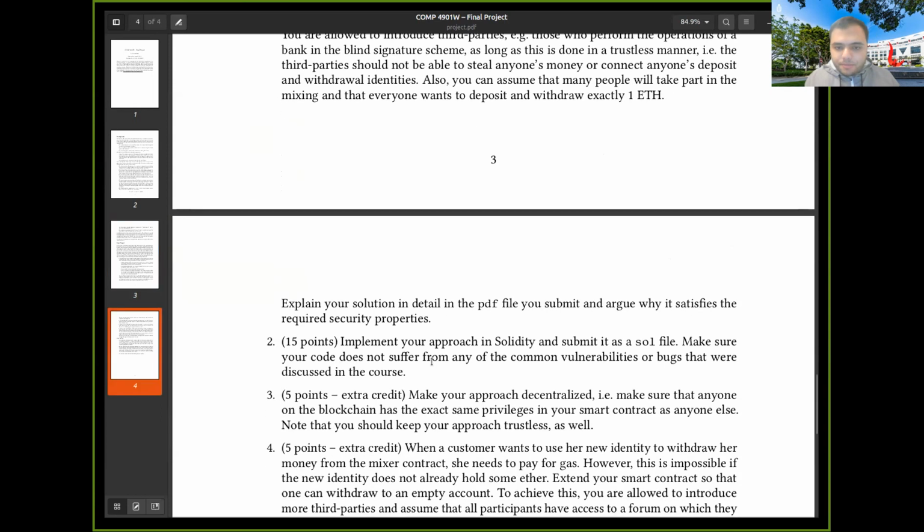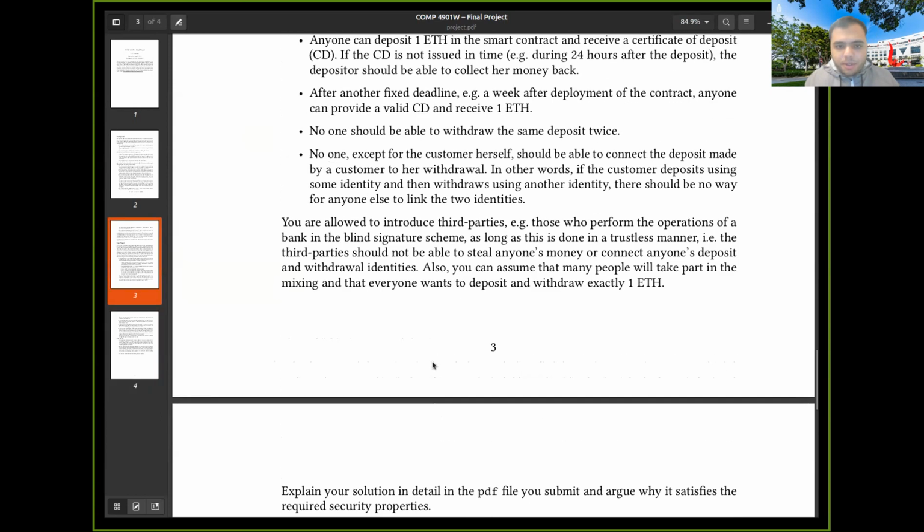Now, here's the part where I just want to go over the requirements and clarify them. You can add third parties to your contract. For example, you can say, I will have someone who plays the role of the bank in my contract, or I will have someone who plays the role of the Paris branch of the bank, or the role of the Berlin branch of the bank.